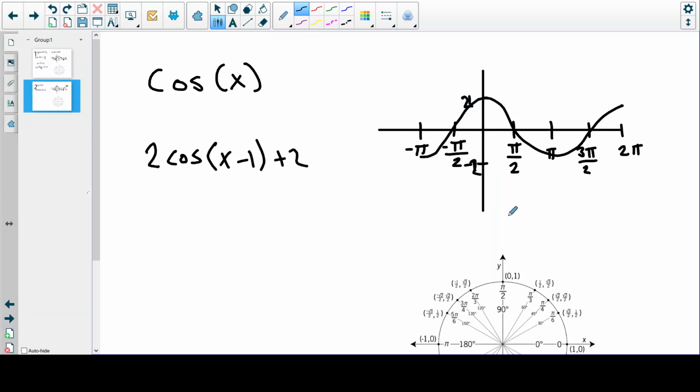Now, also the big thing with this is that the x coordinate is in radians. So these numbers will be in radians. Your x values will be in radians, and your answer is just going to be the y value here.